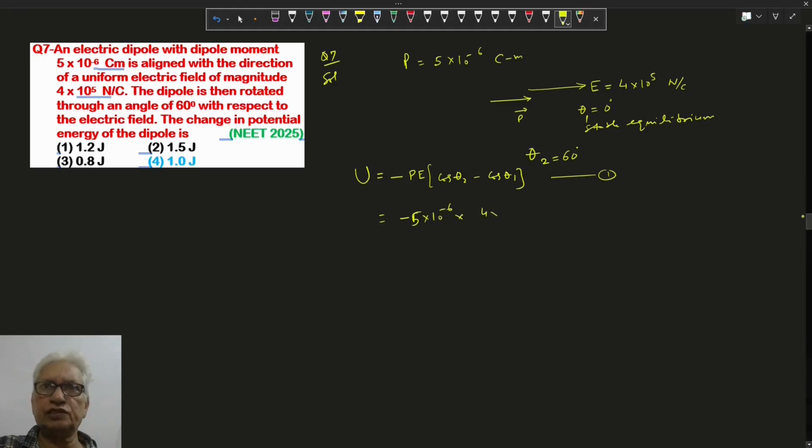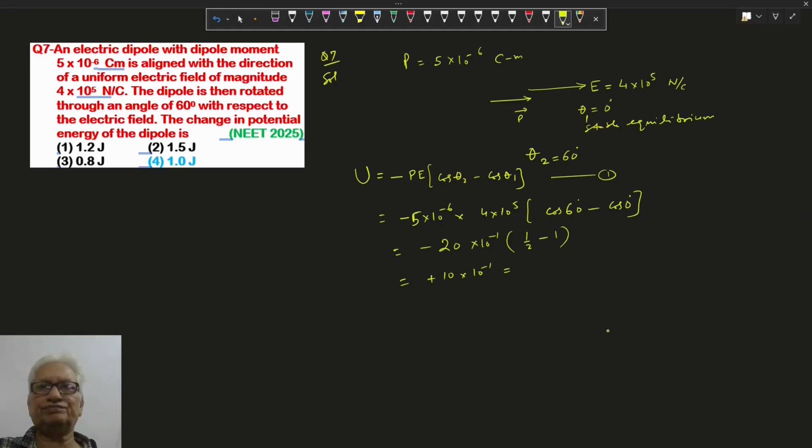E means 4 into 10 to the power 5. Cos theta 2 means cos 60 minus cos 0. It is 5 into 4 is 20, 10 to the power minus 1. Cos 60 means half minus 1, so minus half, with the minus sign becomes plus half, 10 remains. After solving, what will come is 1 joule.